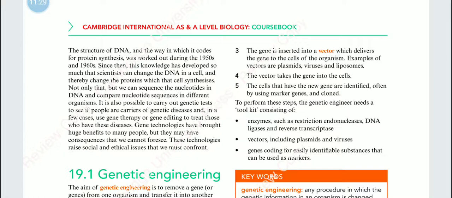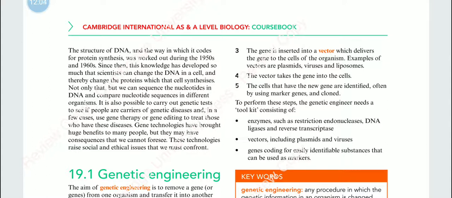The toolkit that would be needed by the genetic engineer would consist of: number one, enzymes such as restriction endonucleases, DNA ligases, and reverse transcriptase.